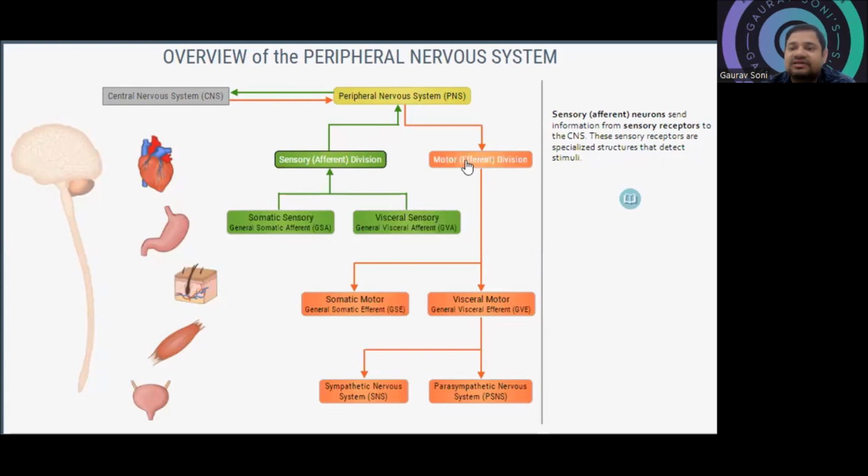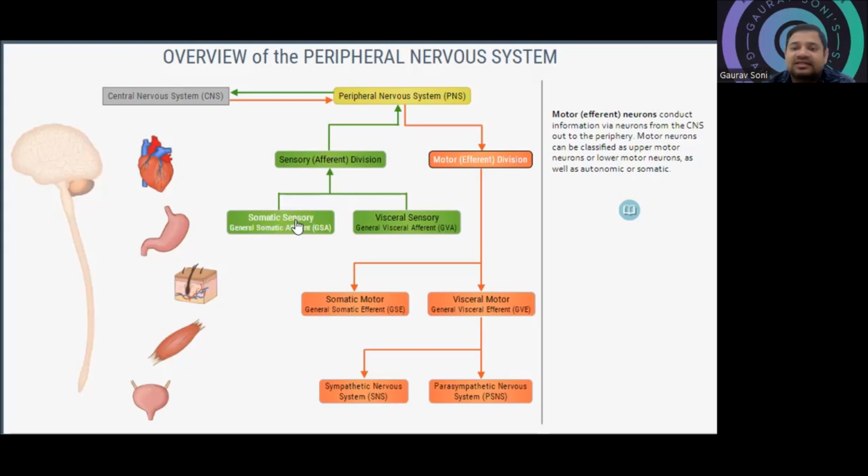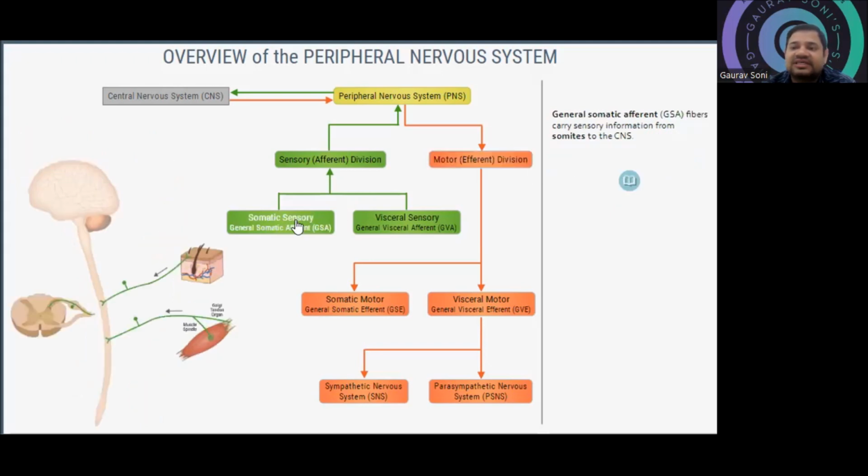Then motor efferent neurons conduct the information from the CNS to the periphery. The motor neurons can be classified as upper motor neuron or lower motor neuron, as well as autonomic or somatic. Somatic sensory fibers carry the sensory information from somites to the CNS.